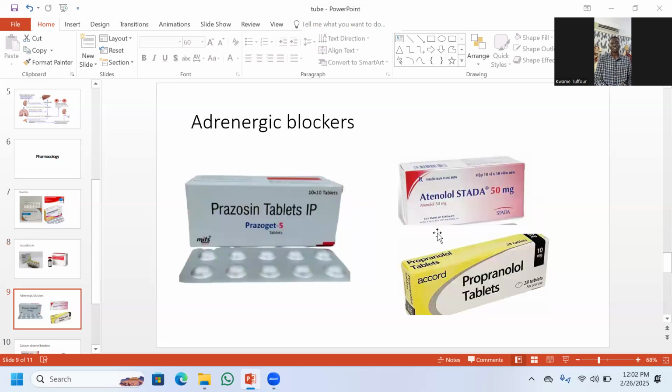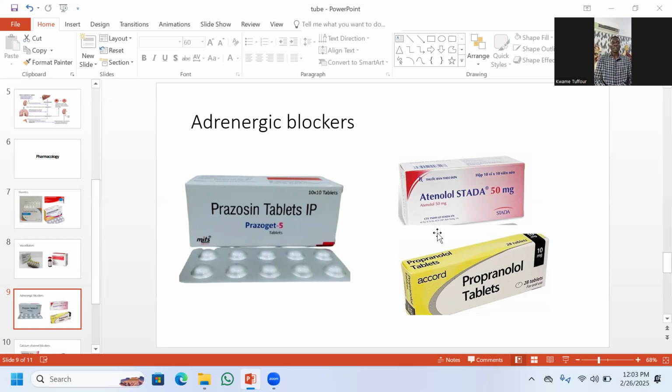Another class of drug that we use in management of hypertension is the adrenergic blockers. There are some receptors in the body which we call adrenergic receptors. You can find some in the heart, some in the blood vessels and others. Whenever they are activated, they have a particular effect on the body. So we have the alpha adrenergic receptors, the beta adrenergic receptors, and the rest.